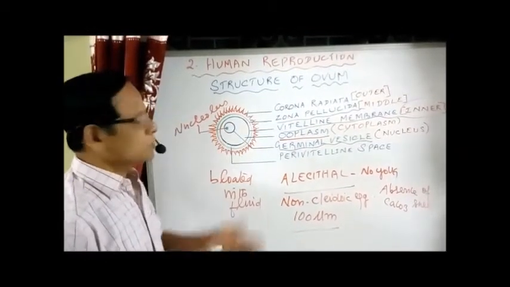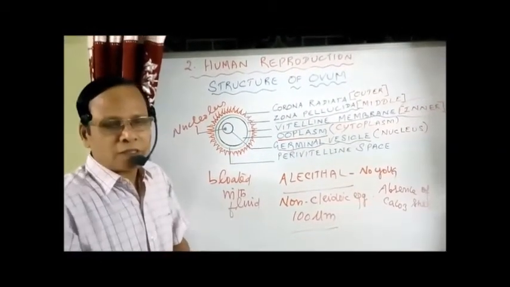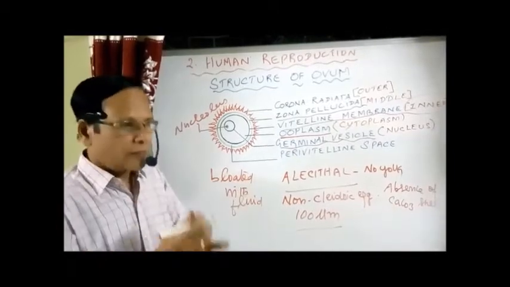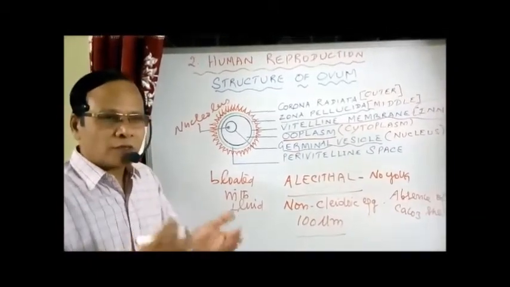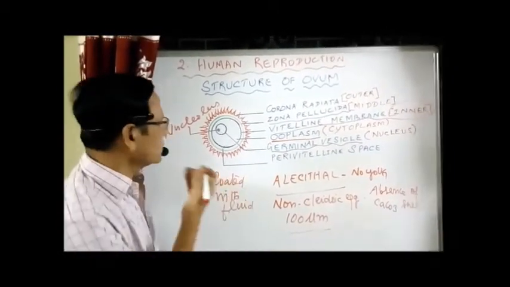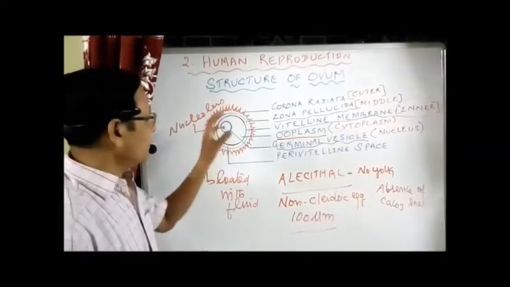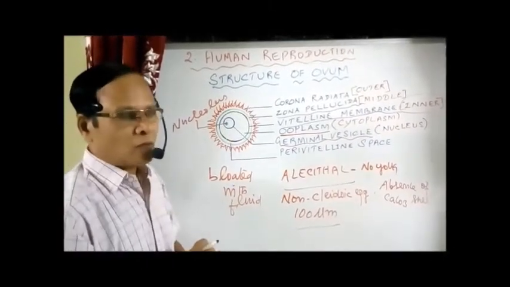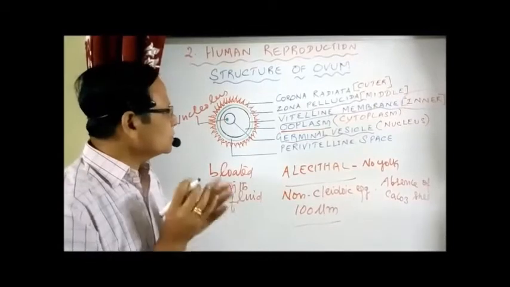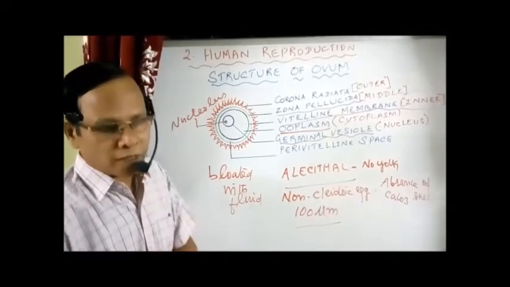The outermost layer is actually a lining of follicle cells. Many follicle cells normally surround the egg, and all these follicle cells together constitute the corona radiata.